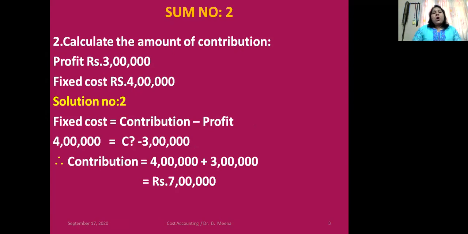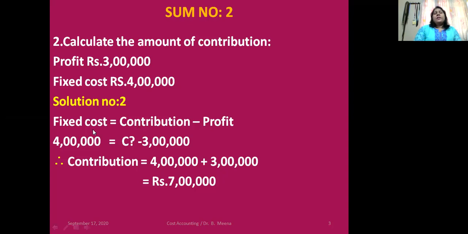Sales minus variable cost gives contribution. When you compare contribution with your fixed cost, that tells you profit. Keep the marginal cost statement in your mind and you can derive this formula.